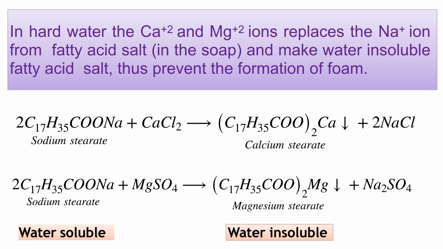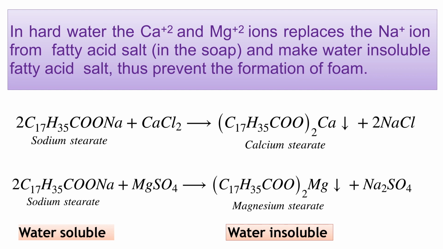Once you are putting it into hard water, it has been converted into the calcium salt or magnesium salt of long chain fatty acid, which are no longer soluble in water. That is why they form a precipitate, which is the white curd-like precipitate we were talking about while we told you the definition of hardness.